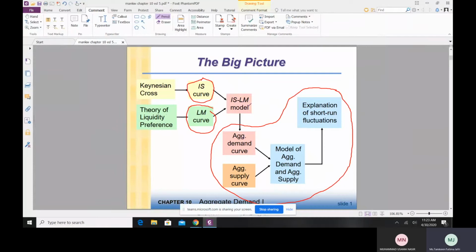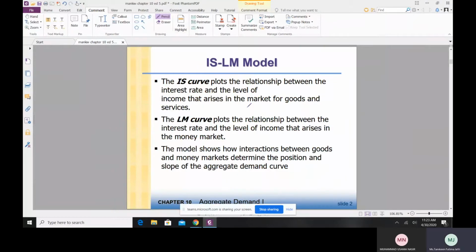Okay, so let's just start with that now. पहले मैं आपको थोड़ा सा overview दे दूं about the ISLM model. So the IS curve plots the relationship between interest rate and the level of income that arises in the market for goods and services. Okay?